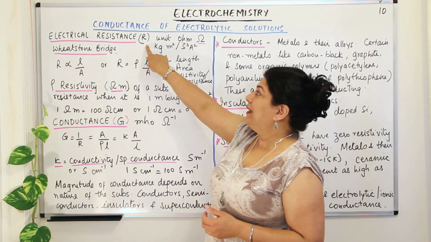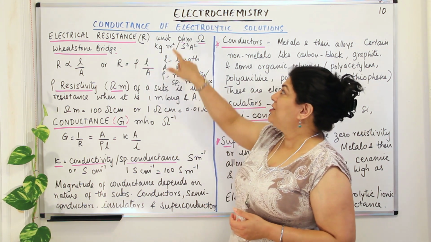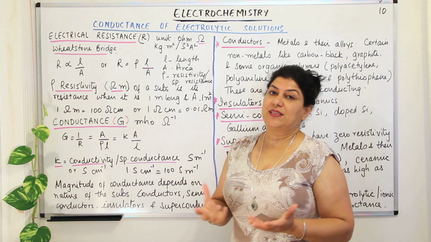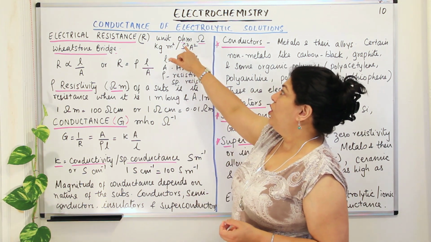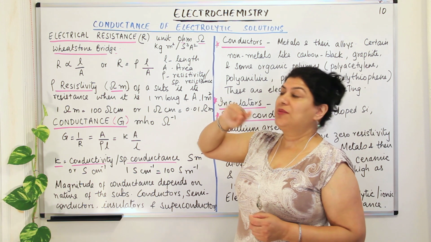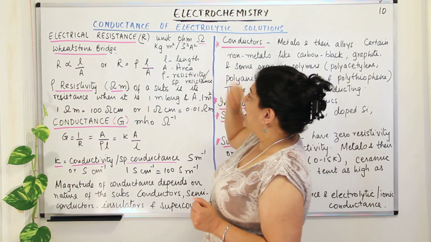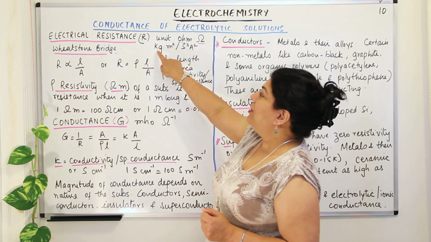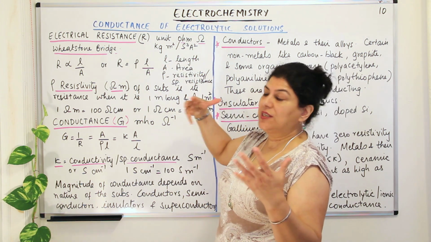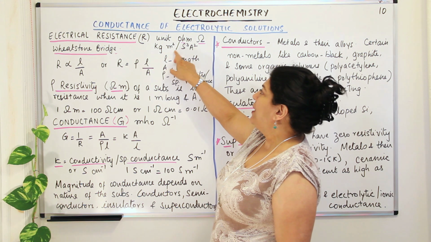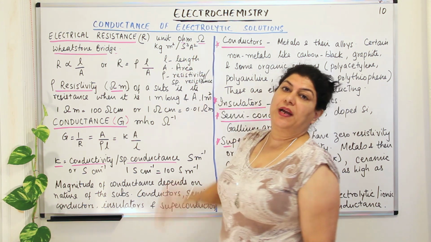It is represented by the term R, and the unit in which electrical resistance is measured is ohm, and it is represented by this Greek symbol. What is it called? Omega. And the unit, if you really see what an ohm is, it would be kg meter square upon Siemens cube area square.